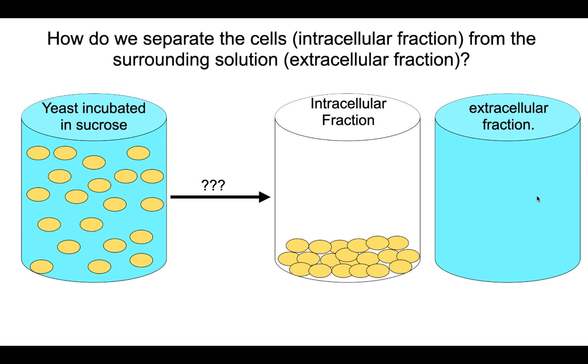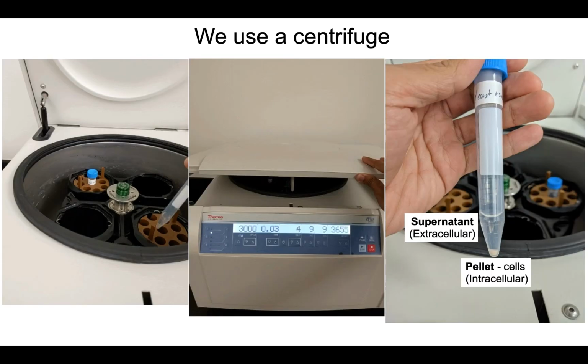The way in which you separate dense things like cells from solution is with a centrifuge. Now what a centrifuge does is it's got this rotor in here, and you're going to put your samples into the centrifuge, and you're going to close that up, and then you spin it, right? This rotor spins very, very quickly.